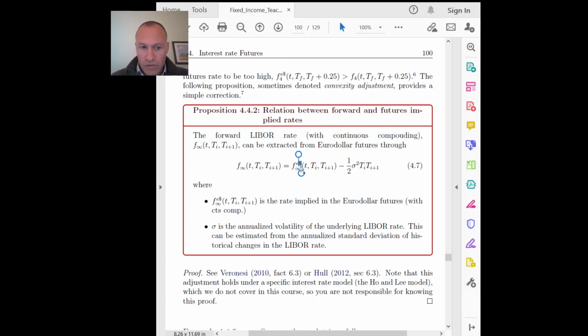What is not easy is how to go from that quoted rate to the actual forward rate. But the adjustment is this. I take the quoted rate, and then I subtract this expression that you have here. So sigma is the volatility of the underlying LIBOR, and then T_i and T_{i+1} are the forward dates for which I am computing the forward rate.